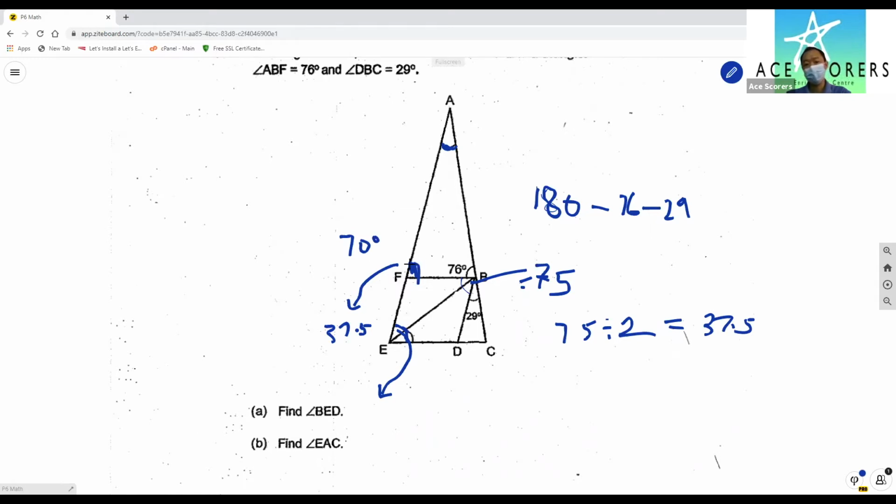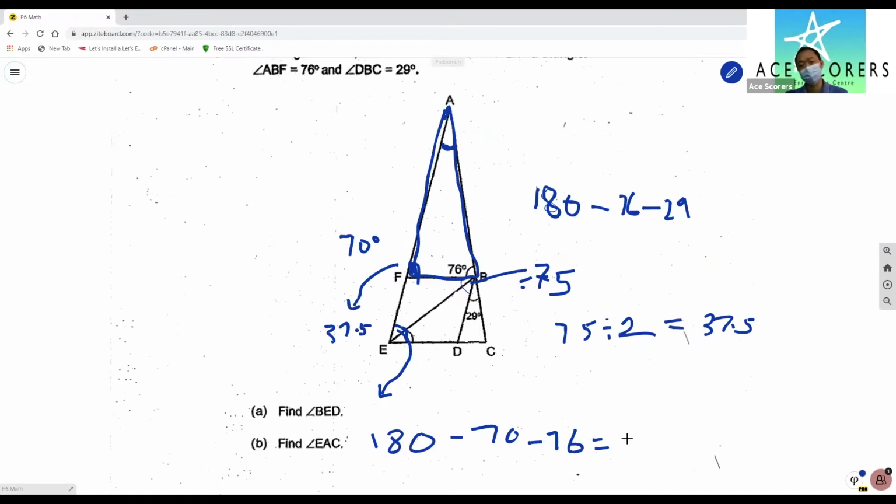And then you take 180. To find EAC is 180 minus 70 minus 76. Why? Because this is one big triangle, yeah? 180 minus the 2 base, you find the one at the top. What have I got? 180 minus 70 minus 76.